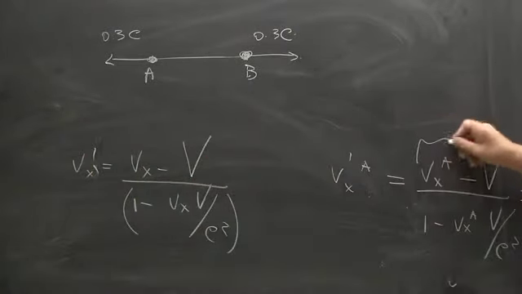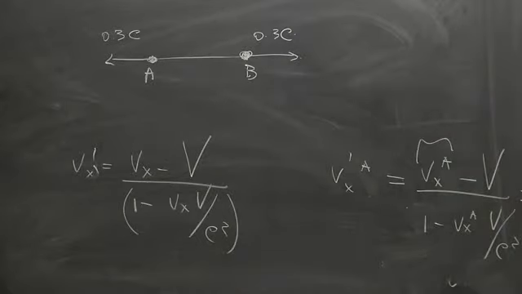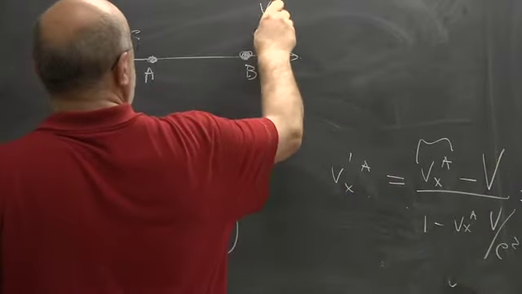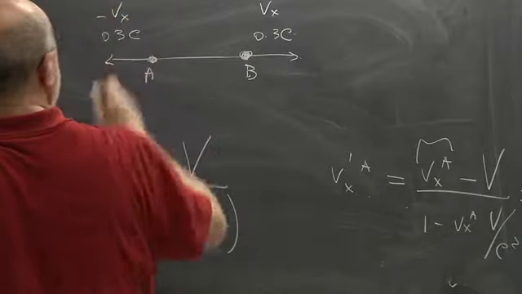Okay, now Vxa is minus Vx, and V is Vx, so we have minus Vx, divided by 1 minus minus Vx times Vx, so here we get a plus, and then Vx, and then divided by c squared. Now this is Vx, and this is minus Vx.